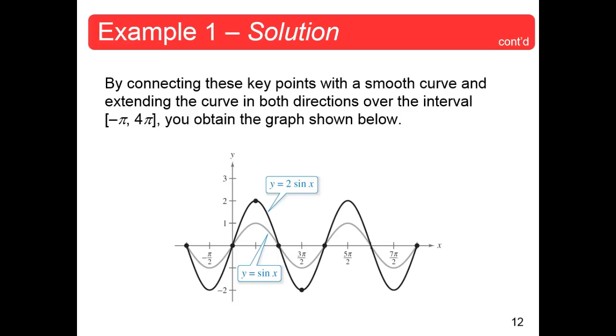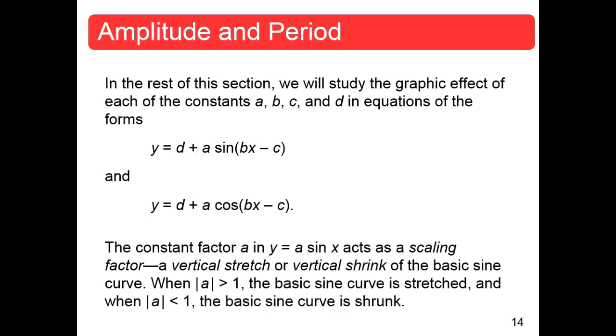In fact, the book did it, we didn't. They showed the basic sine curve. Then when you put the 2 there, you stretch vertically. But we multiplied by a number greater than 1. Multiplied the function by that. The function is the y value. So that was a vertical stretch.